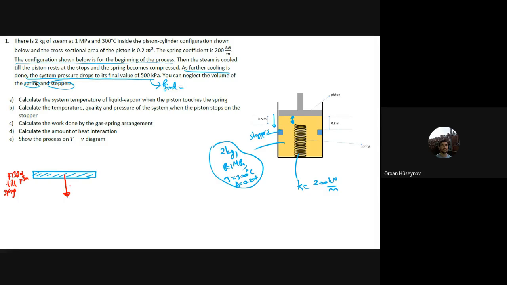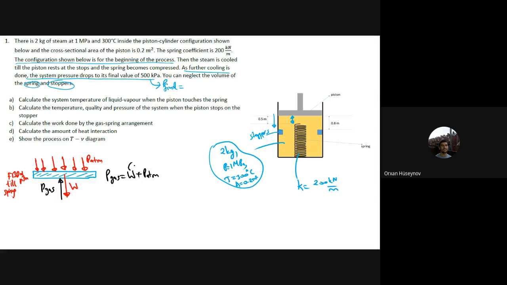You have the weight of the piston, which is W, and you have the pressure by the environment on the piston, which is PATM. Let me write it here. They should have the same values, so I will extend the lines here. Inside the arrangement, you have the pressure by the gas. If you write the free body diagram, the pressure of the gas will be equal to W plus PATM.